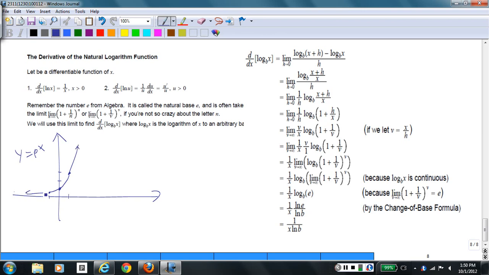The inverse function, if you take that graph and reflect it about the line y equals x, you get the graph of the inverse function, and it has (1, 0) on it. And (e, 1) is right there.